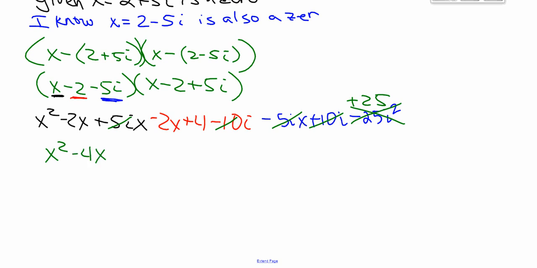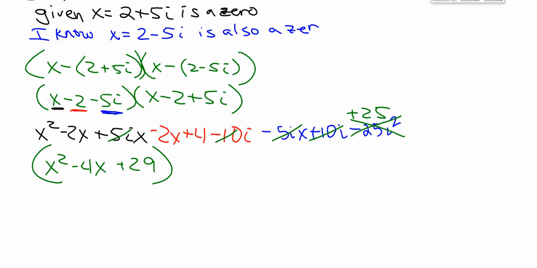Minus 4x plus 29. So that's a factor, right? And that's why that should give you a clue that it was not real as we go. So now we're going to take that and we're going to divide it into the original problem. Are you ready?